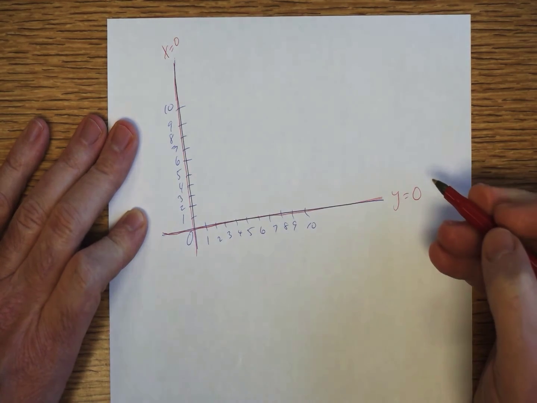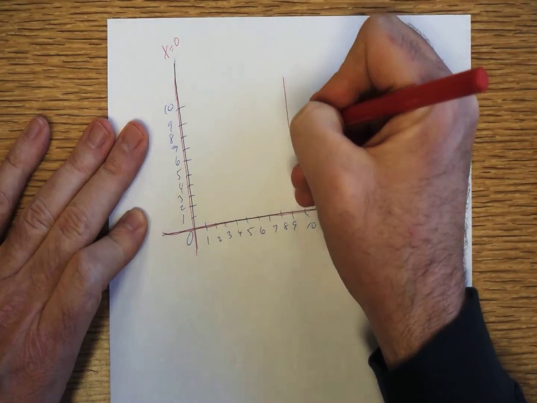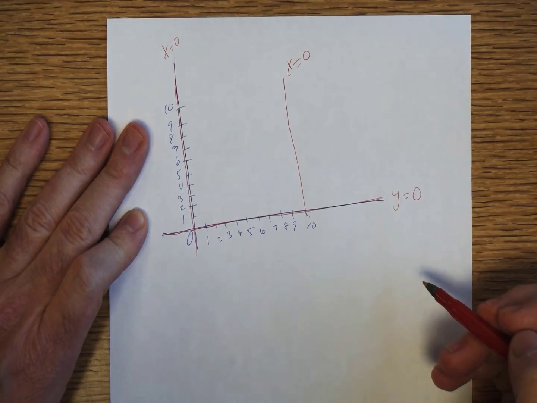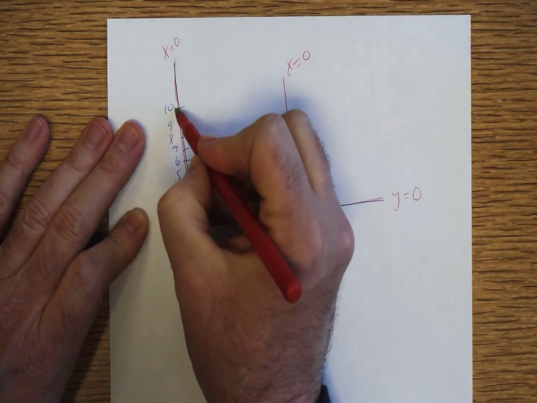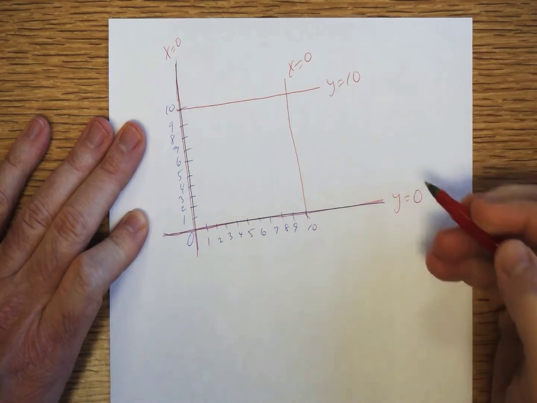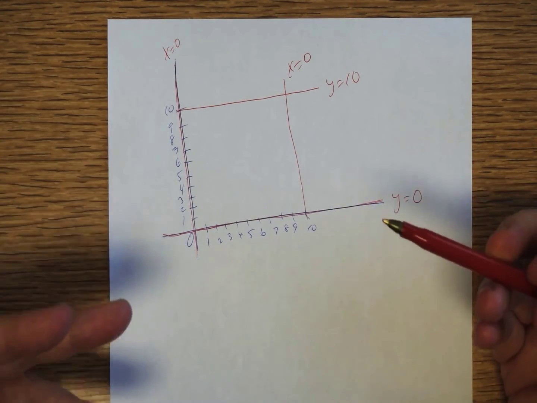There we go. And then x is equal to 10. That's up here. And then it says y equals 10. y equals 10 is going to be this. And so now I have my boundaries of the town.